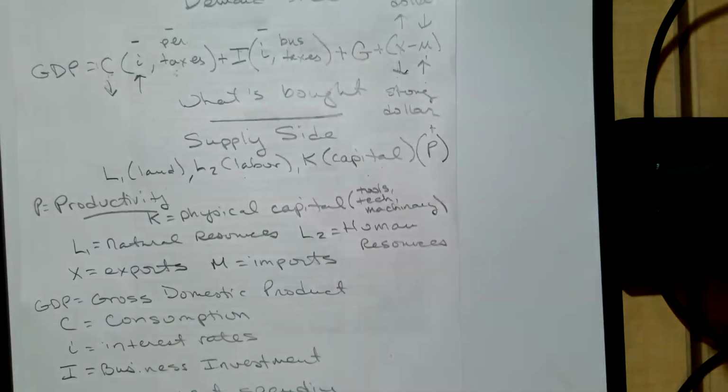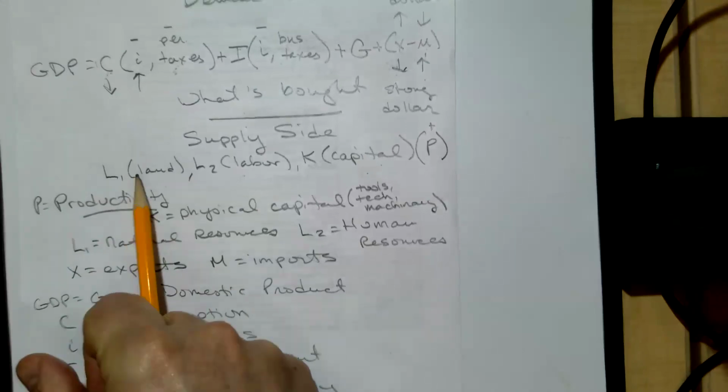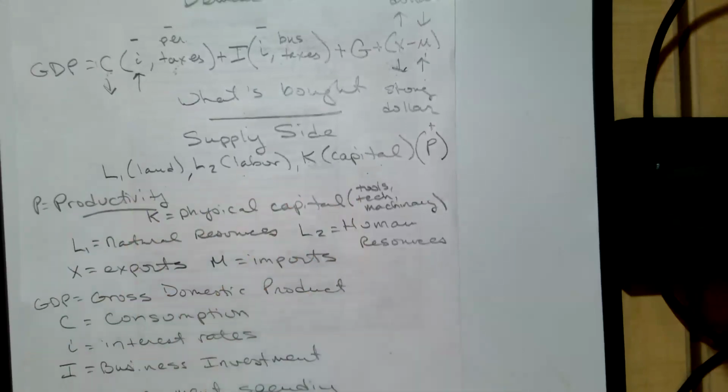Yeah. So there's some books, including ours, that talk about entrepreneurship as a factor of production. That is land, labor, capital, and entrepreneurship. Entrepreneurship is people's desire and ability to come up with new ideas to start businesses.